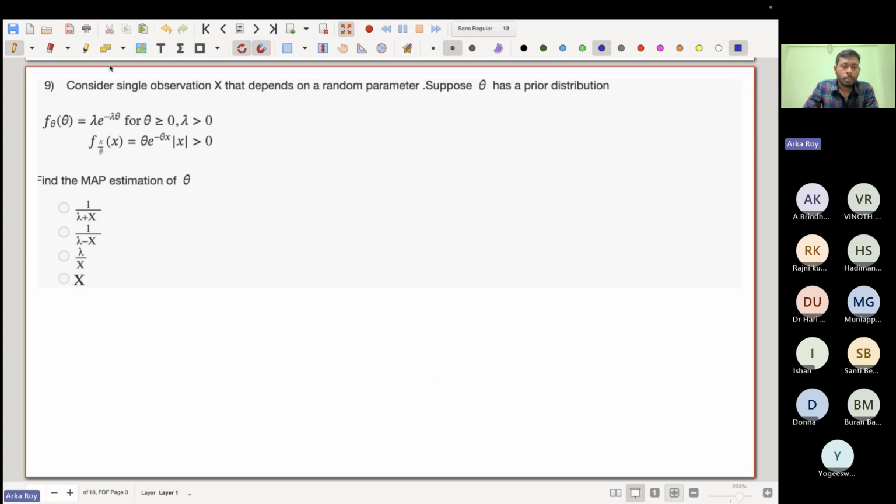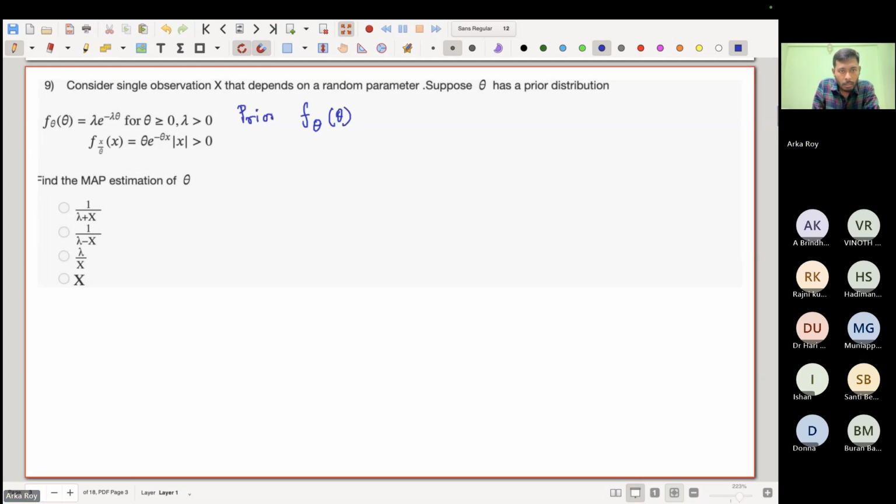The next question states that consider a single observation X that depends on the random parameter theta. Suppose theta has the prior distribution. So over here, this is the prior distribution. If I rewrite this, f theta of theta, this is basically the prior distribution.